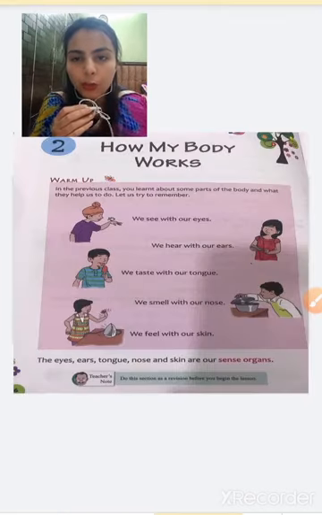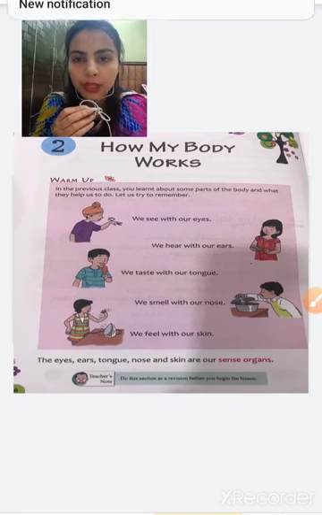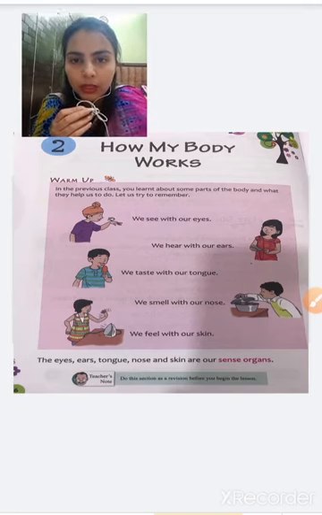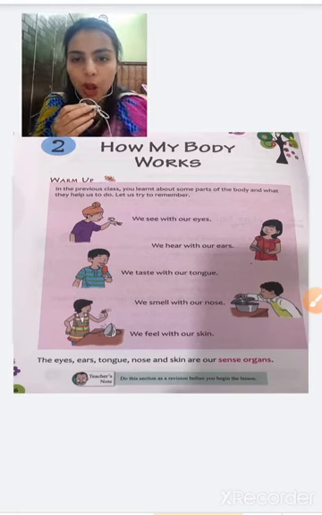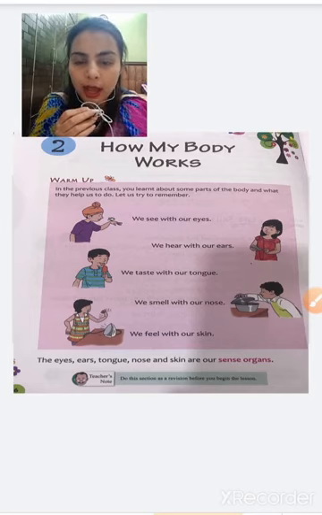Now see here, when you open your book, the first page of this chapter looks like this. This is page number 6 of chapter number 2, How My Body Works.